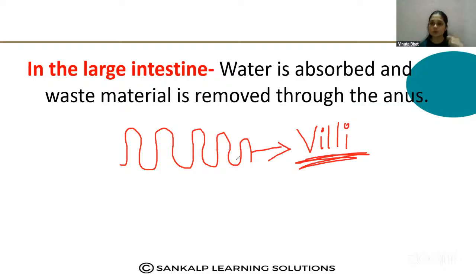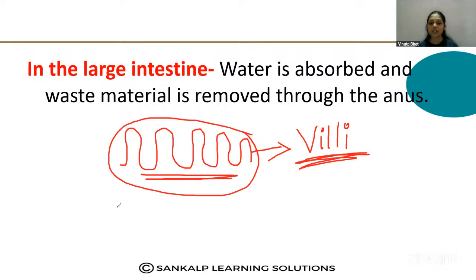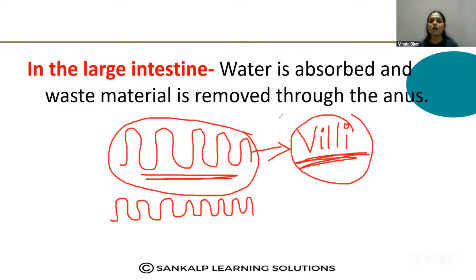Okay, so we can say that the complete digestion and the absorption of food takes place in the small intestine, and the small intestine has specialized structures which increase the area of absorption. So these finger-like projections increase the absorption area, right? So that is called the villi.